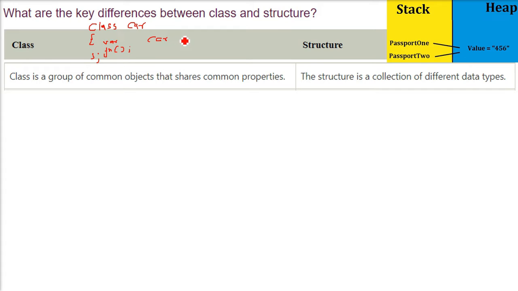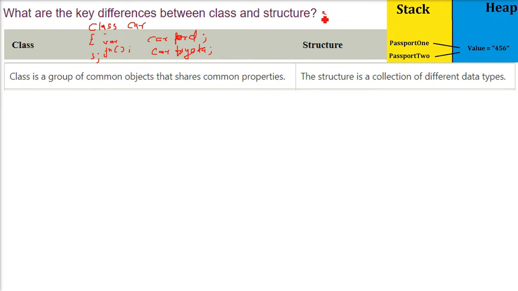So when we make the objects of this car class, the Ford and Toyota, they share a common property which is defined in your template or blueprint, which is called a class. So whatever is defined in a class, that property the object has when it is instantiated.